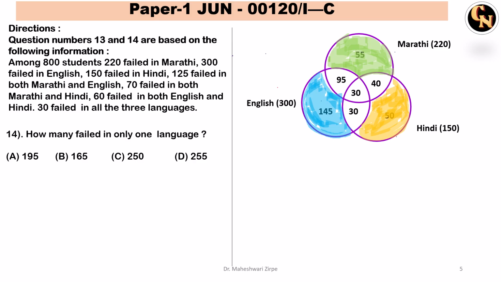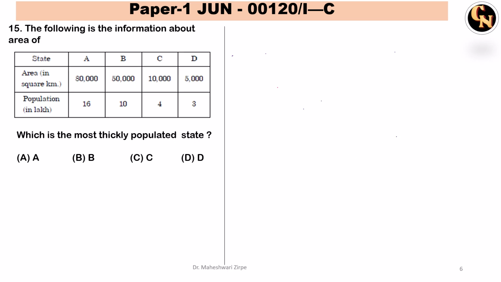And the answer comes out to be 55 plus 145 plus 50, that is 250. Okay, so correct option is C. Now let us go to the next question.